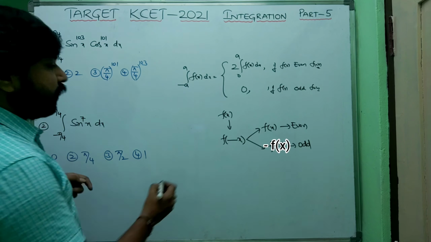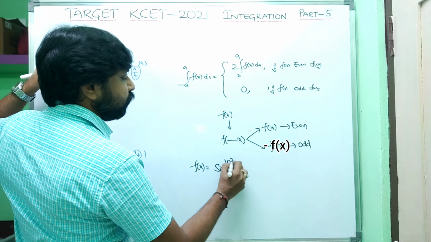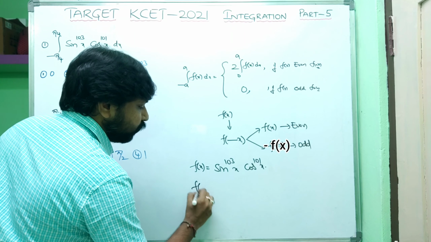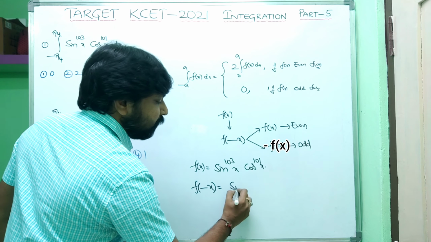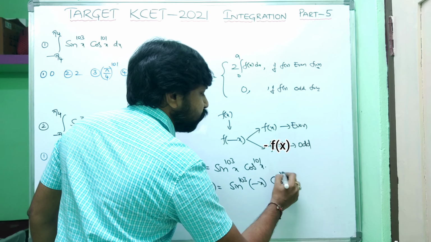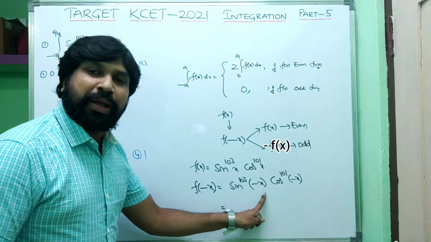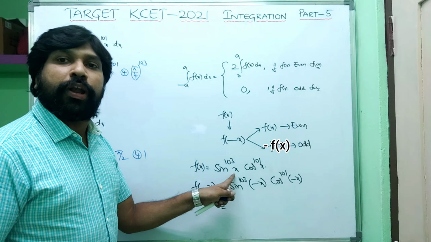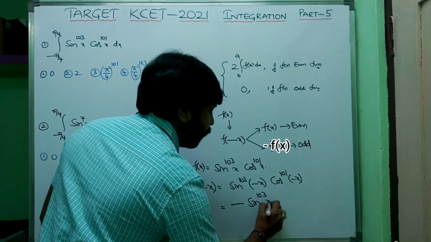Now if you observe, f(x) is sin^103 x into cos^101 x. Substitute minus x instead of x: sin^103 of minus x into cos^101 of minus x. The formula for sin of minus theta is minus sin theta, and minus to an odd power gives a negative value, so that is minus sin^103 x.